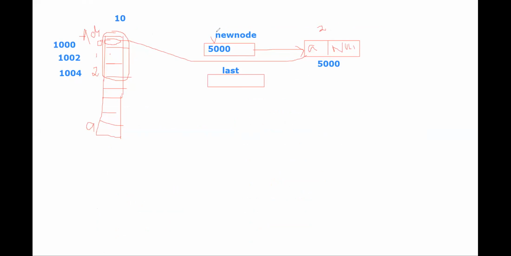So I have to store 5000 here. The last node is pointing to the newly created node. For example, I'm creating another node. What happens if I'm creating another node?